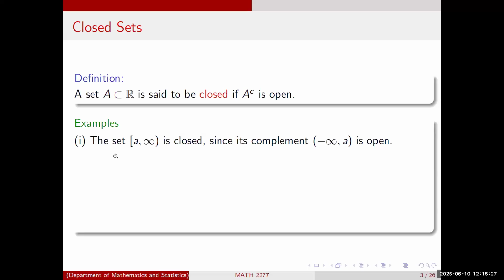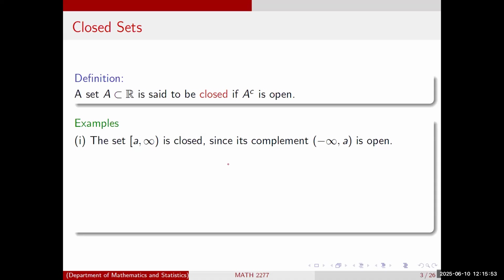All right, so set A, in this case, it's this interval closed at A to infinity. They're saying that this set is closed. Why is this set closed? Well, look at its complement. What is the complement of A to infinity? It's minus infinity to A.